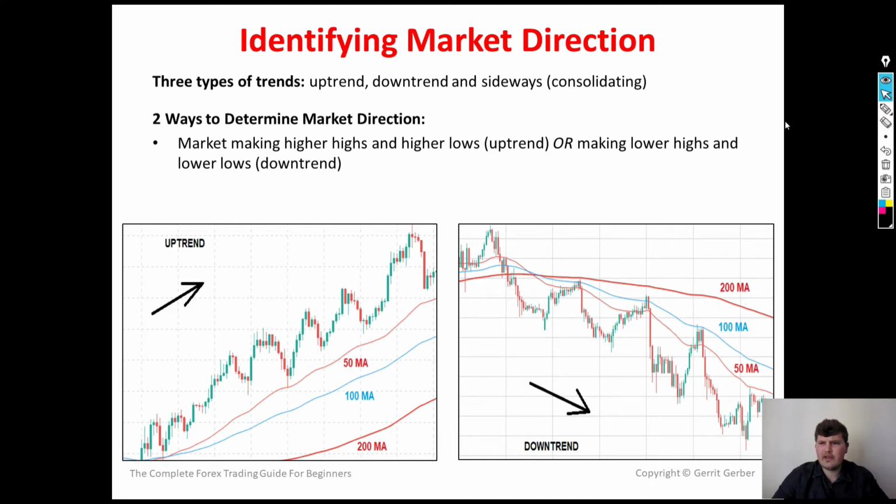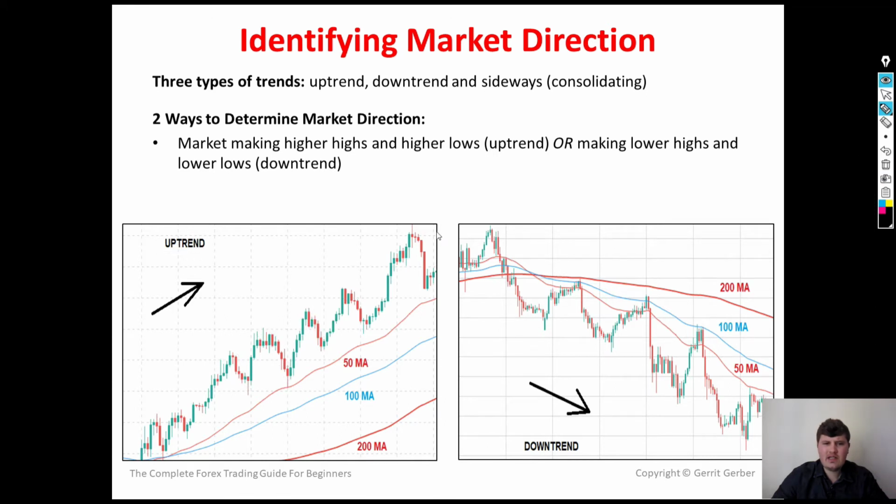What I mean by this, for uptrends, this example over here, this over here is called a swing high, and this is called a swing low, and this is also a swing high and a swing low, meaning that this move over here has a high point there and a low point over there.